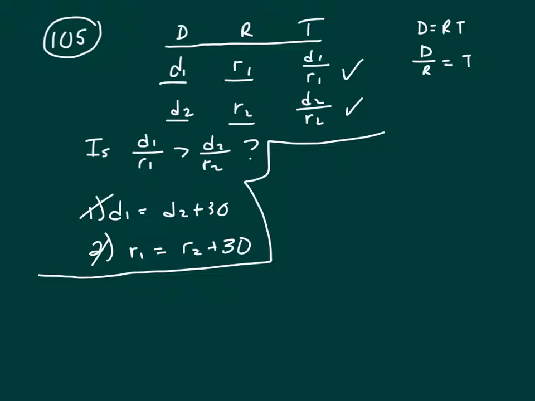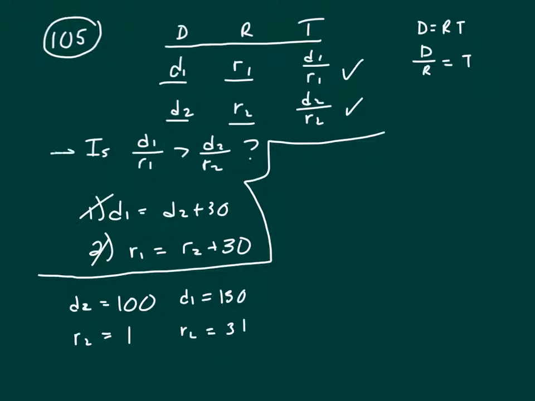So if I let D2 be 100, well, that means D1 has to be 30 more, so D1 is 130. I'm just randomly picking these. And I'm going to let R2 be 1, and R1 would have to be 31.